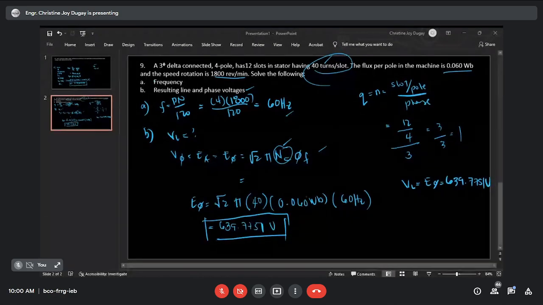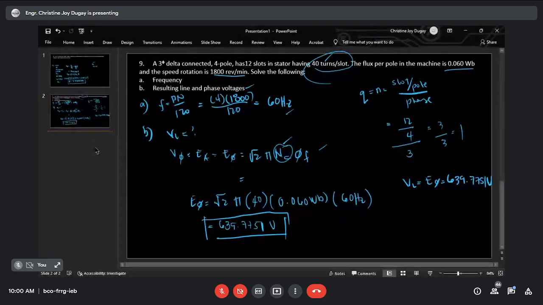Let me check my record if I have already held a recitation for you. Machine 3A, none yet. So the first 10 to submit their papers, just send them to our GC, and let's check later.